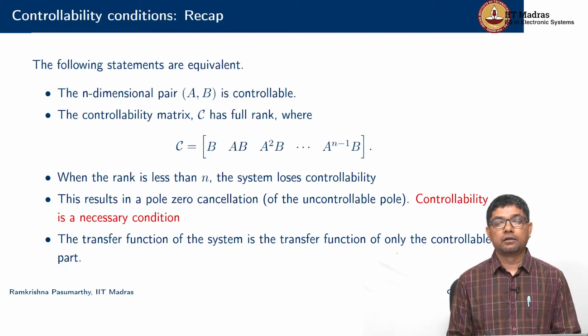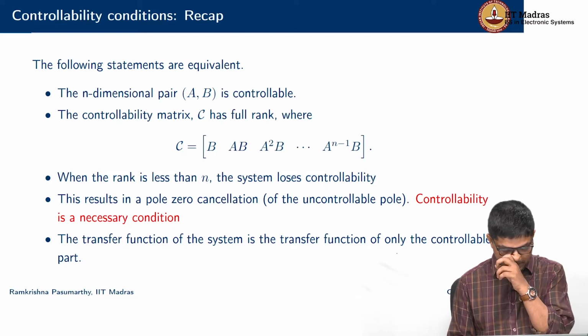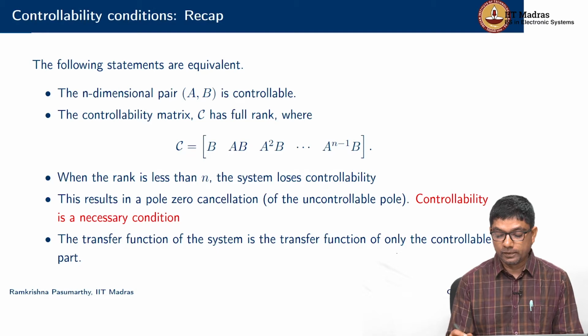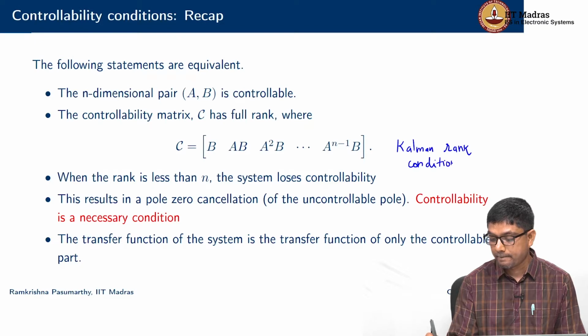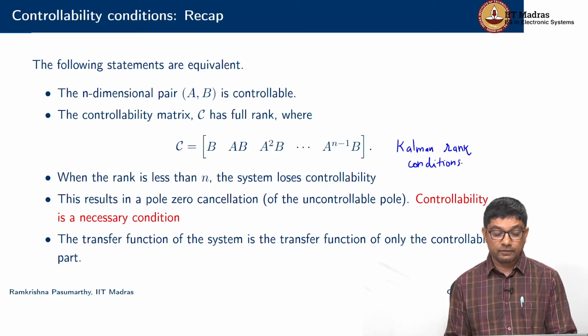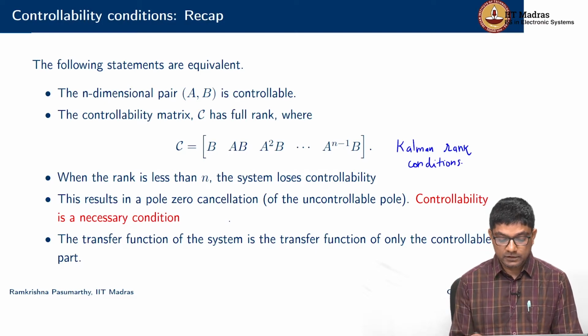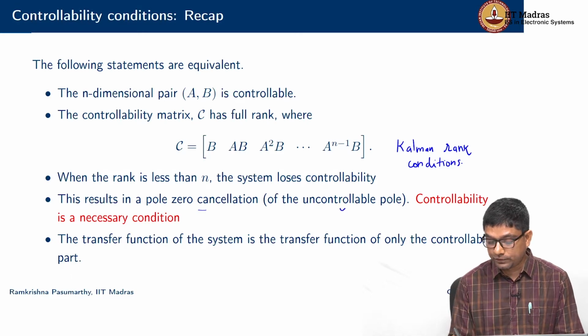Okay, so what did we look at last time? We saw that the following statements were equivalent: if an n dimensional pair AB is controllable, the controllability matrix has full rank. These are also called the Kalman rank conditions. And when the rank is less than n, the system loses controllability, which shows up as a pole zero cancellation of the uncontrollable pole.